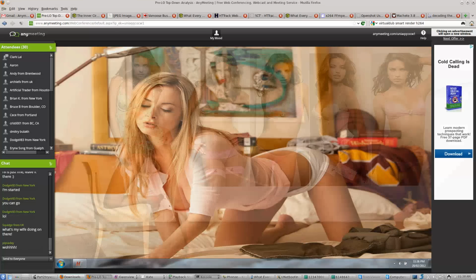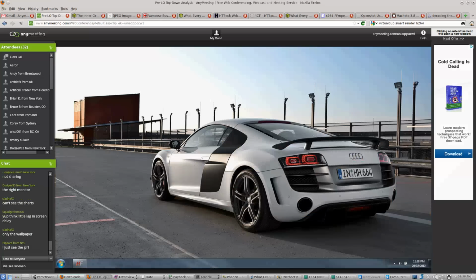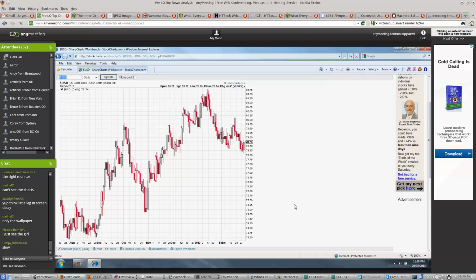So we'll start with the U.S. dollar. This is the daily chart. You guys can see okay? It's not showing the... Oh, is it frozen?